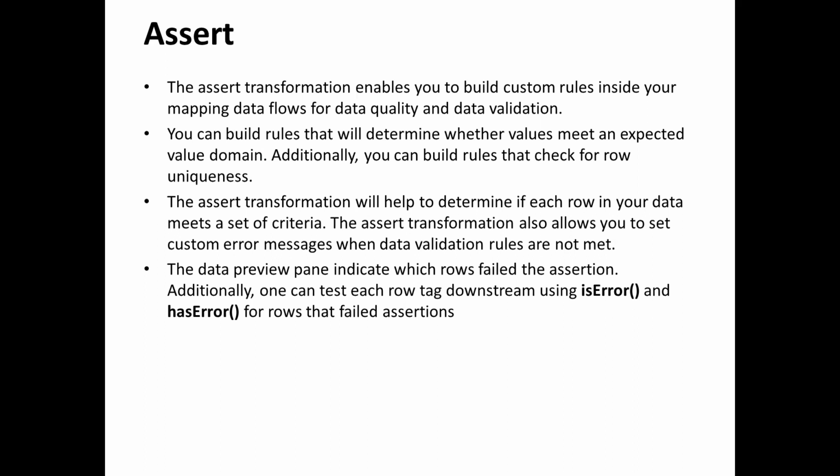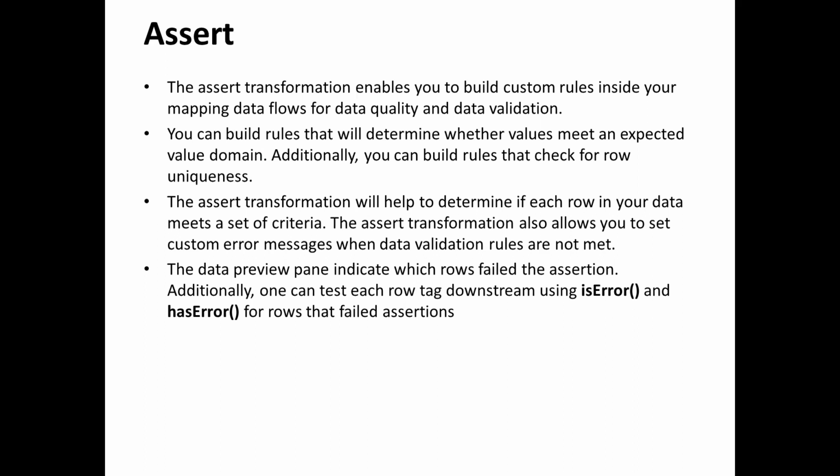Or you might be dealing with a scenario where we have a salary column, and instead of an integer, you got certain rows with alphanumeric values, right? Those kinds of quality checks you can perform on the input data set using the assert transformation.